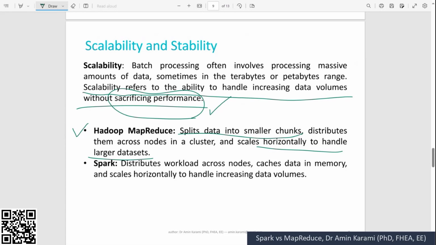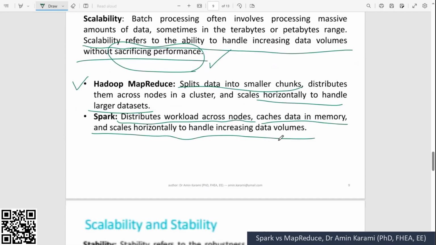When you read data directly, it takes your data and splits it into smaller chunks. You can decide how many chunks, and then Spark distributes workload across the nodes, caches data in memory, and scales horizontally to handle increasing data volume. Right, guys, this is how to consider scalability.